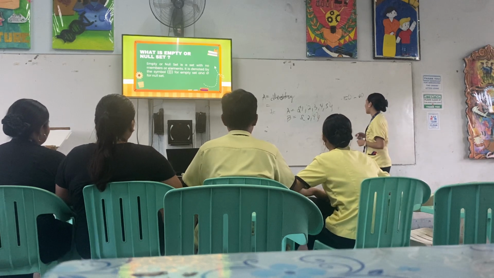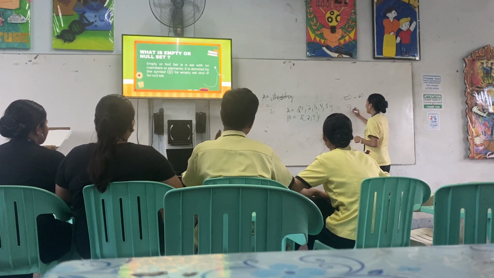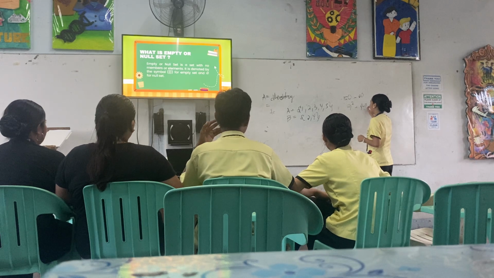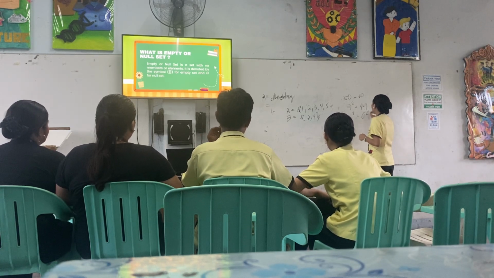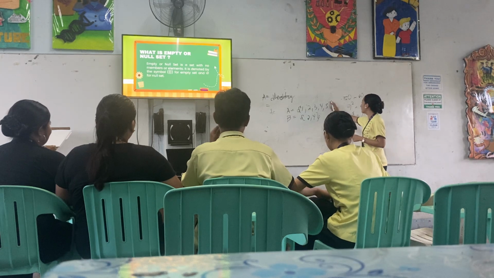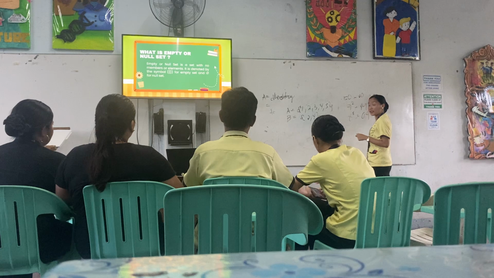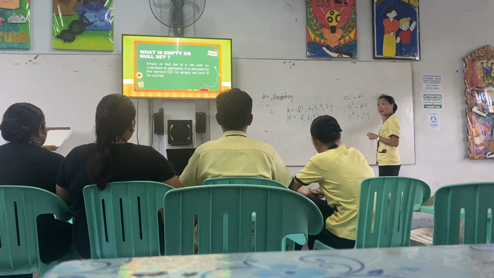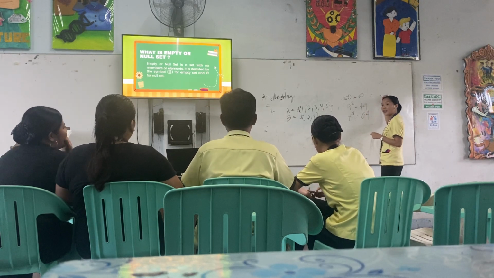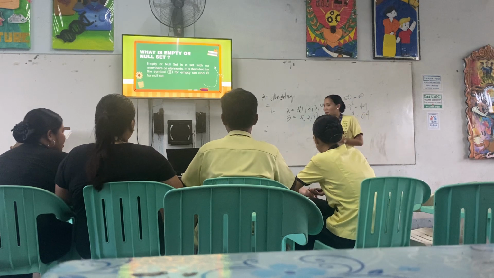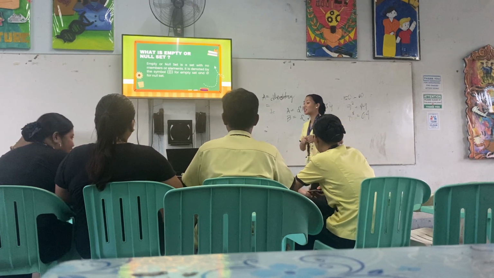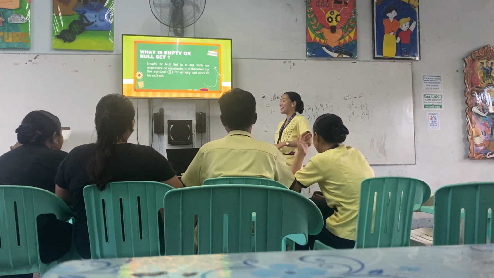Why? Because 7 times 7 is 49 and 8 times 8 is 64. So the question is the set of perfect square numbers from 50 to 60. Is it an example of a set or a null set? Do you have any questions about that? So let's move forward.